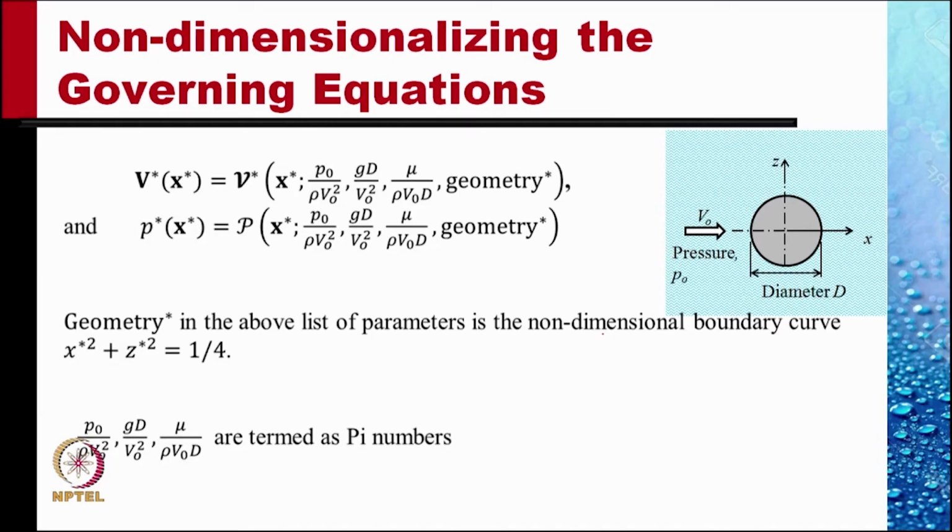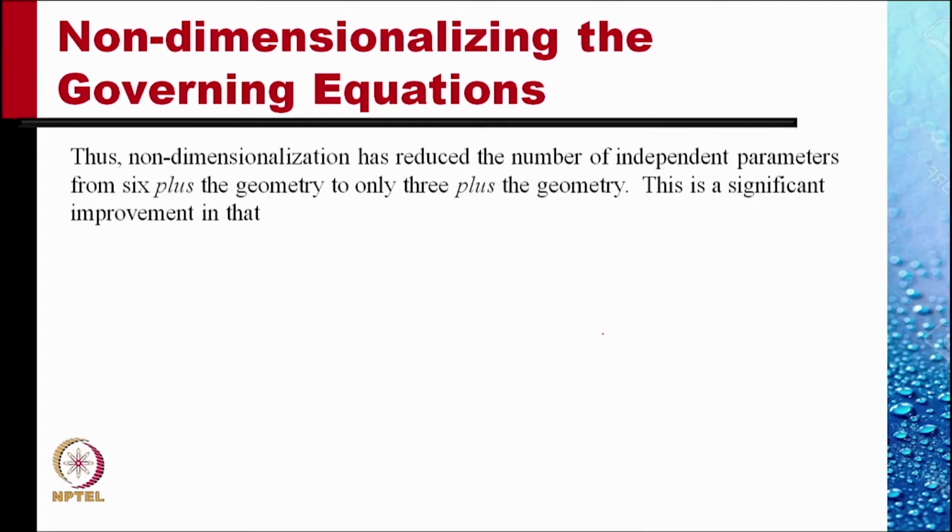These 3 independent groups of parameters, P naught divided by rho V naught square, Gd by V naught square, and mu divided by rho V naught d, are termed as pi numbers. Note that these are all dimensionless. Thus, non-dimensionalization has reduced the number of independent parameters from 6 plus the geometry to only 3 plus the geometry.